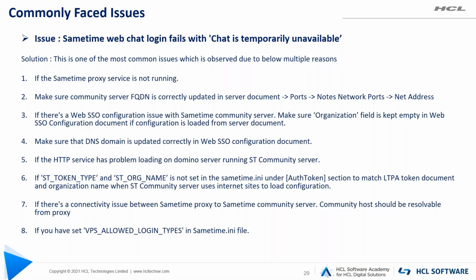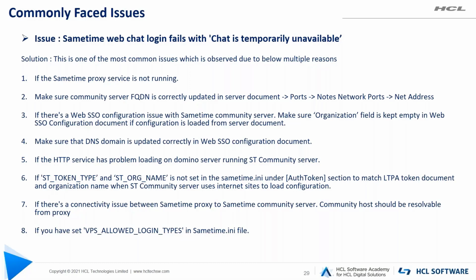If everything is checked in the WebSSO configuration and you still see the error, check whether your HTTP task is loading properly on the community server. If it is not loading, go through the logs, refer to the error message, and troubleshoot and fix it. Sometimes you also see this issue if you have added the VPS allowed login types parameter in the sametime.ini file to allow only listed types of clients to connect to the server.